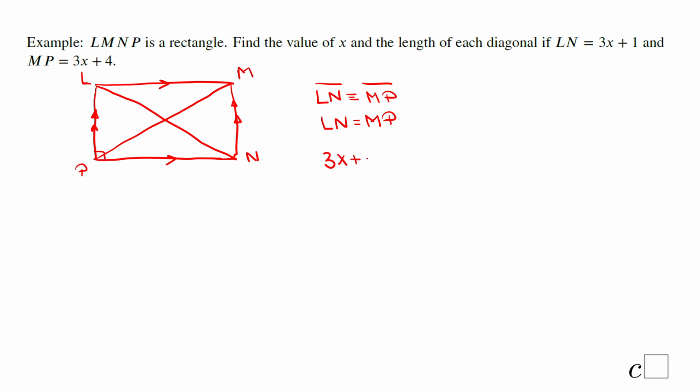3x plus 1 equals 4x minus 4. Let's make it 4x here, and minus 4, because other than that, this one will not work.